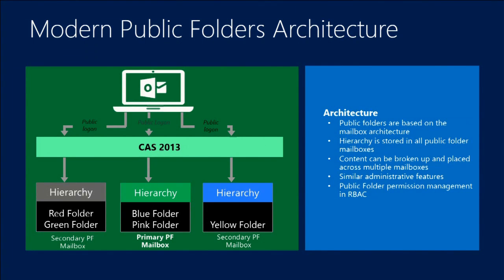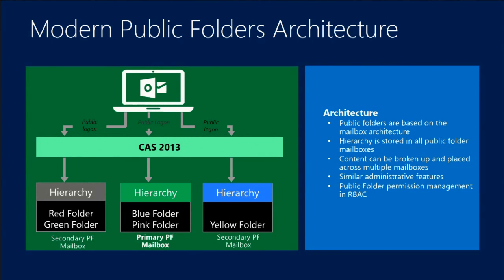Basically, I already mentioned they are based on the mailbox architecture. So the hierarchy is stored in all public folder mailboxes. And you see on this graphic, we have 3 public folder mailboxes. The hierarchy is on every public folder mailbox, and the content is spread across them.